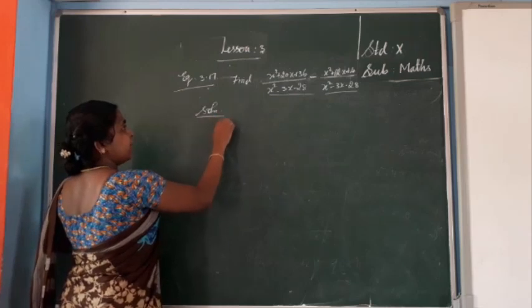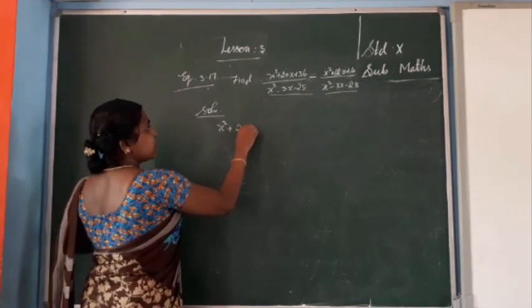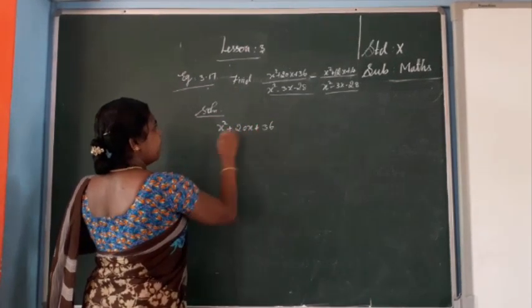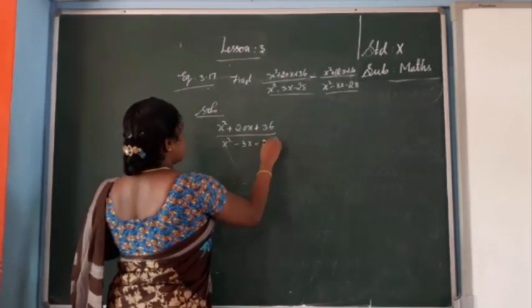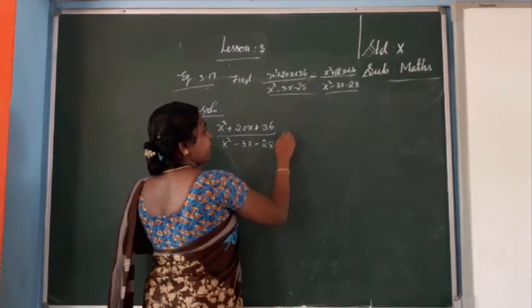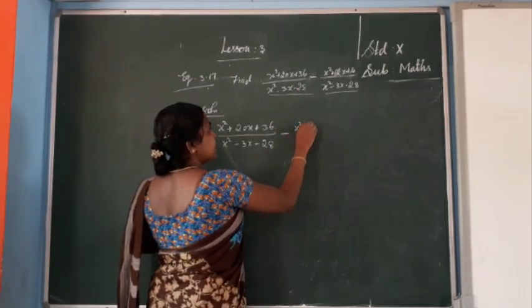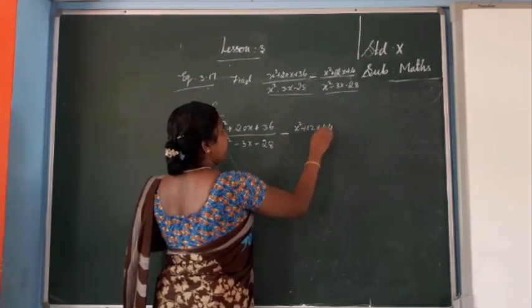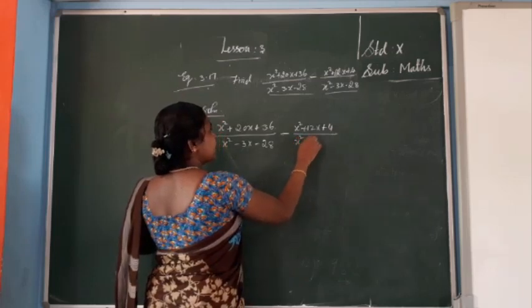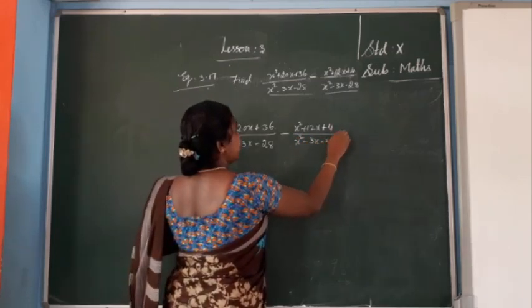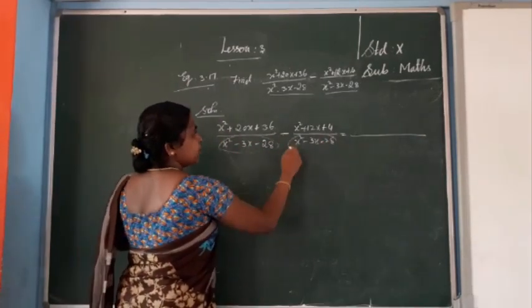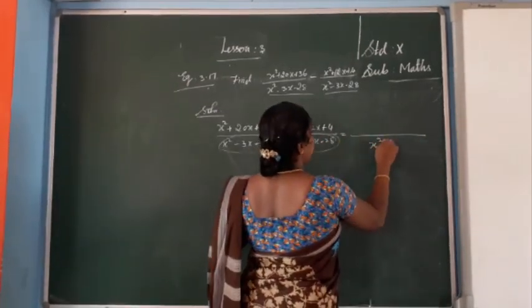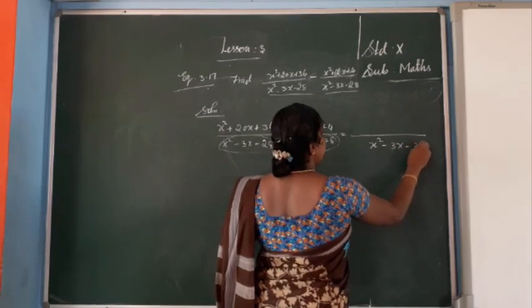x square plus 20x plus 36 divided by x square minus 3x minus 28, minus x square plus 12x plus 4 by x square minus 3x minus 28. Both denominators are the same, so one time you write x square minus 3x minus 28.